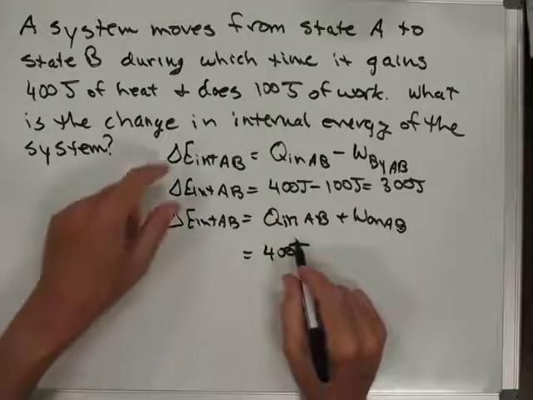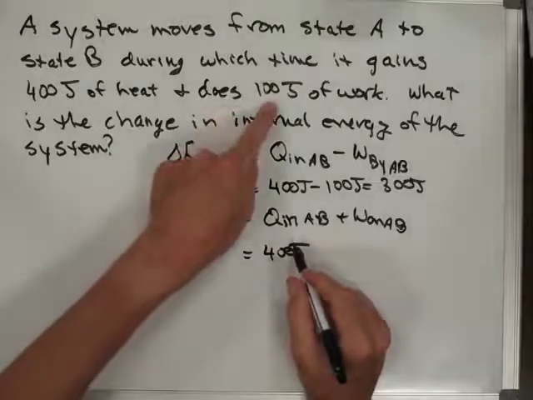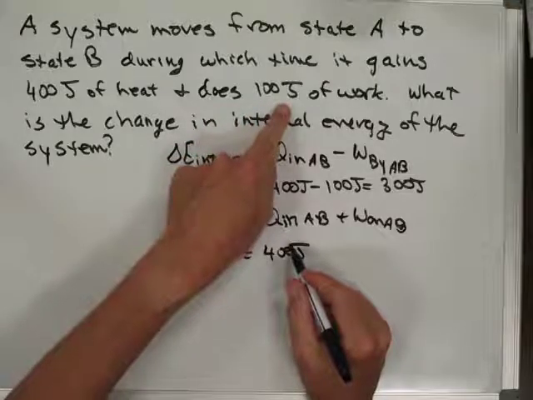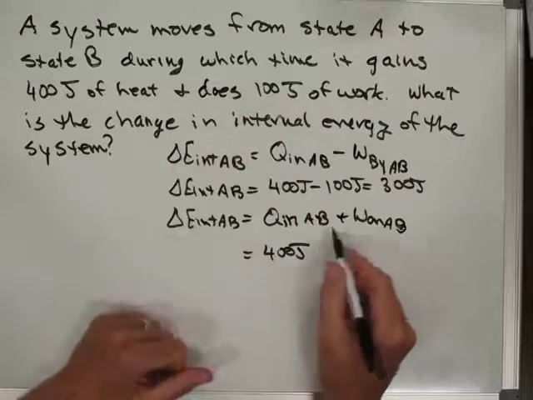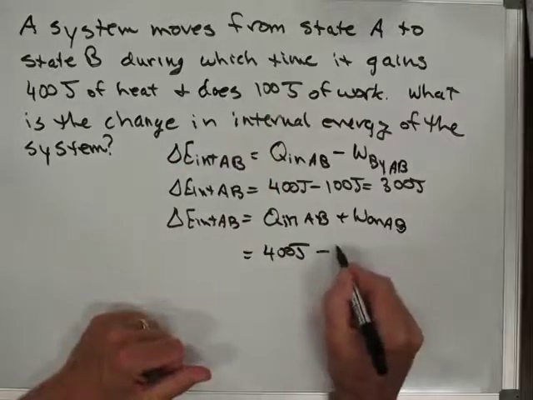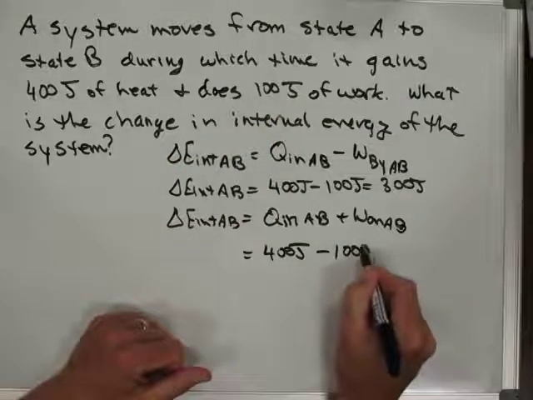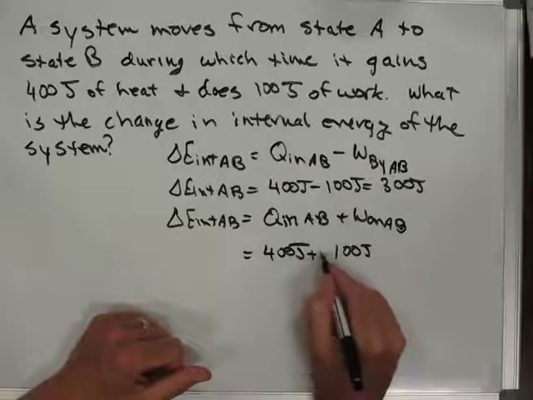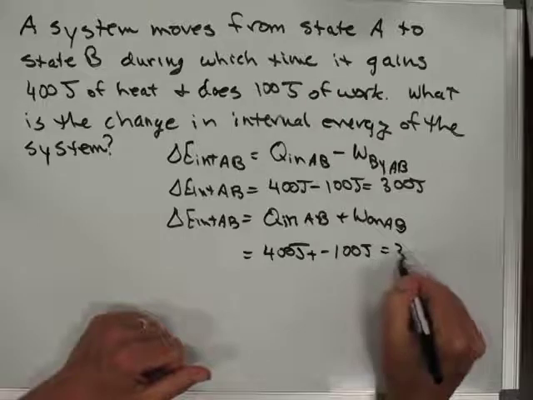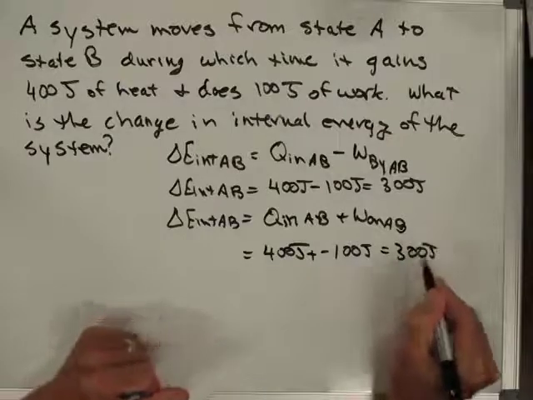That's the heat in. But since the work is being done by the gas, the work done on the gas is negative when the gas is doing the work. And so it's plus work on, but that's still minus 100 joules. If I wanted to be really specific, I would say this was plus negative 100 joules, which is still 300 joules. Right.